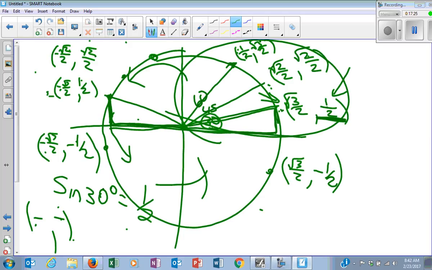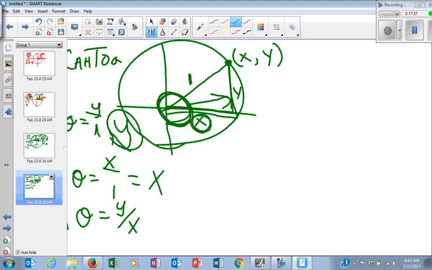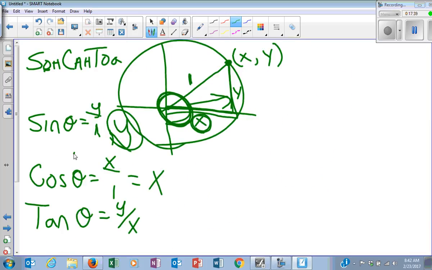And your tangent is always going to be your y coordinate over your x coordinate. Opposite over hypotenuse. Opposite over adjacent. The SOHCAHTOA thing. What do we think? Make sense?